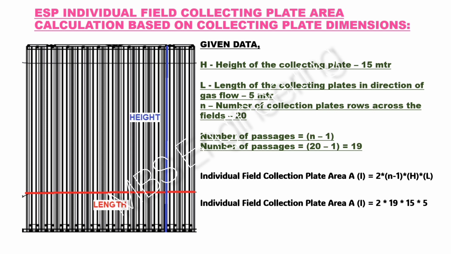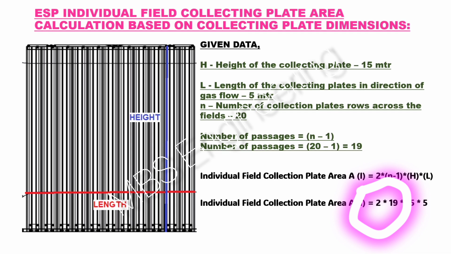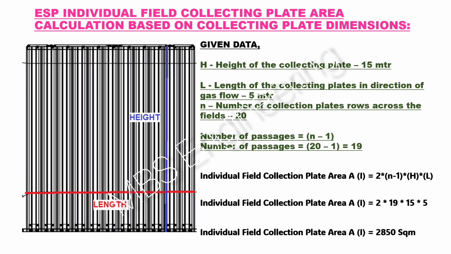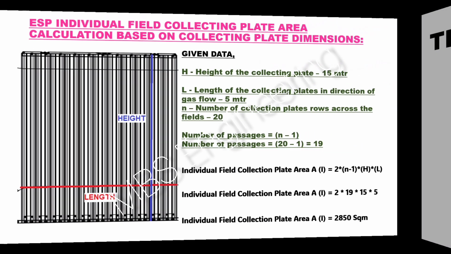Since dust collects on both sides of the collection plates in the passages, the above equation is multiplied by 2. Based on the above equation, individual field collection plate area AI is equal to 2850 square meters for this field in the ESP system.